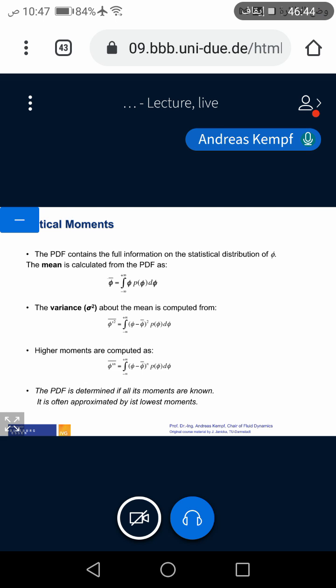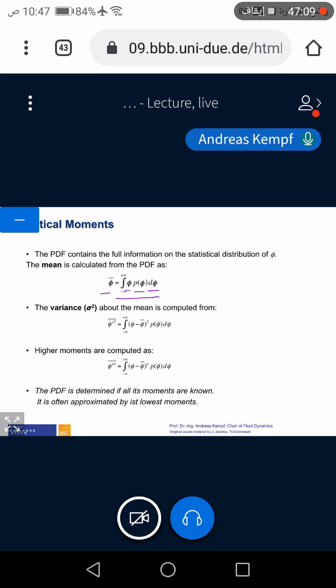So you get the mean value of a quantity phi by taking the PDF and integrating from minus infinity to plus infinity phi times p of phi d phi. So this is the continuous equivalent of calculating a mean value from a discrete distribution function.